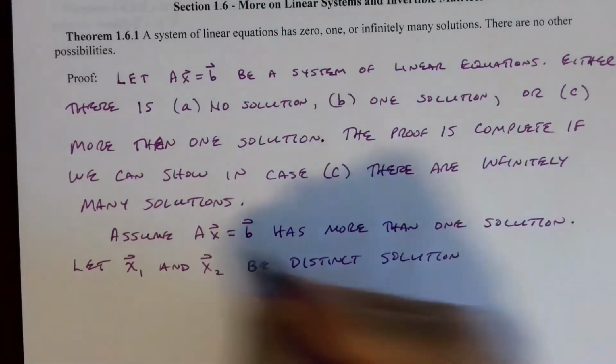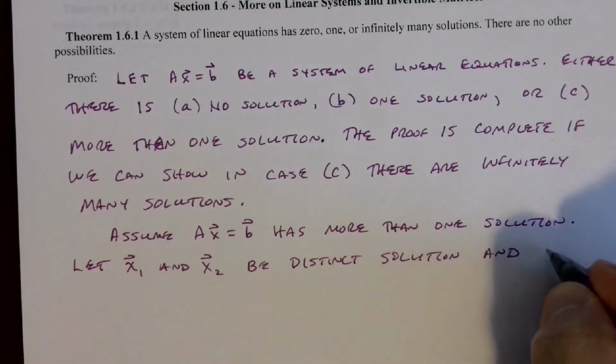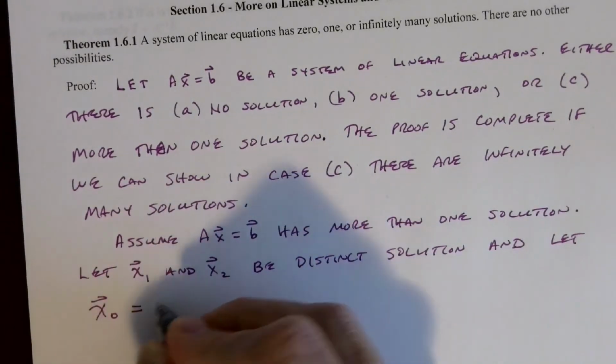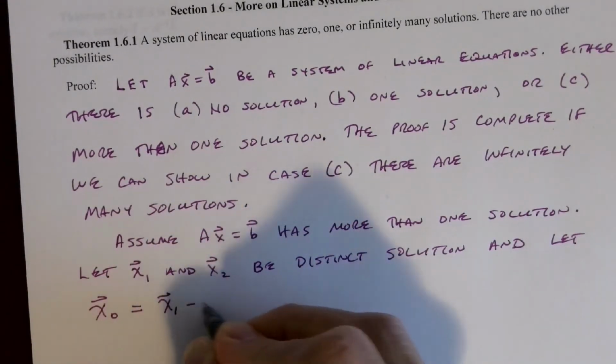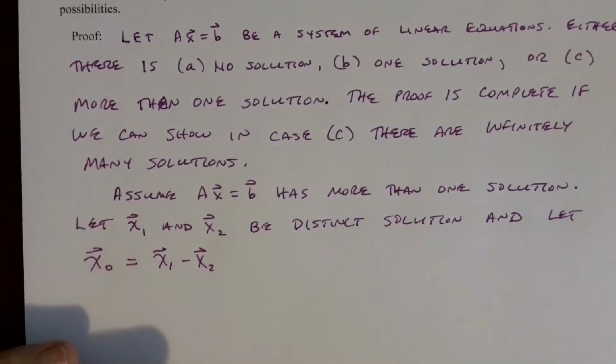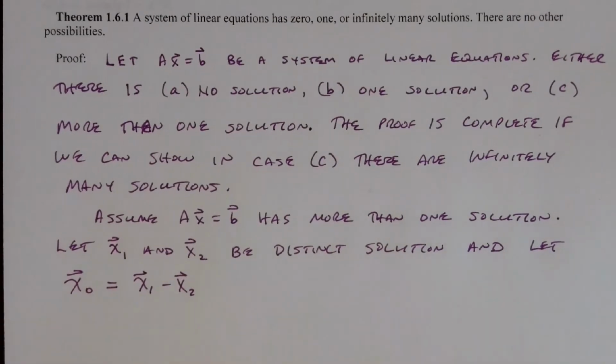They satisfy this system, and I'm going to let x sub 0 be equal to the difference, if you will, subtracting these two vectors, which will be n by 1 column vectors. If A is m by n, sorry, A does not have to be square. We don't have to have a square coefficient matrix at all. But if A is m by n, then x is n by 1.